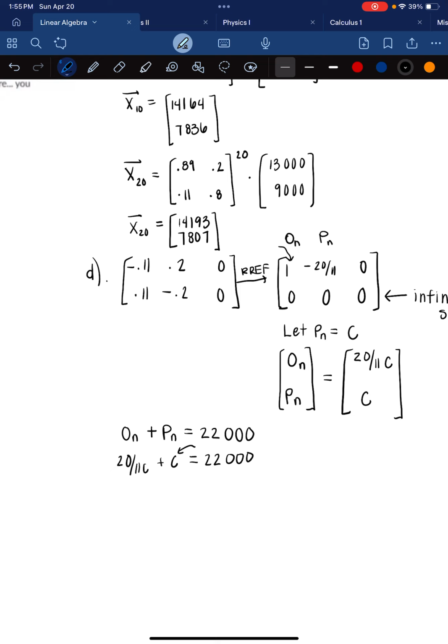This C is like the same as saying 11 over 11. So we get 31 elevenths C equals 22,000. Now we take the reciprocal of both sides to get rid of the fraction.